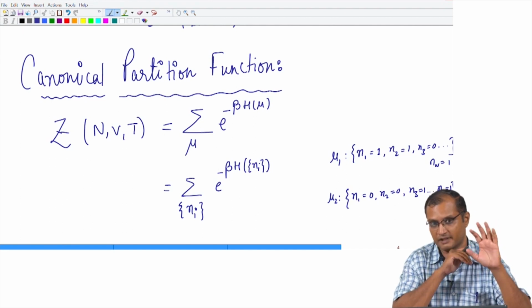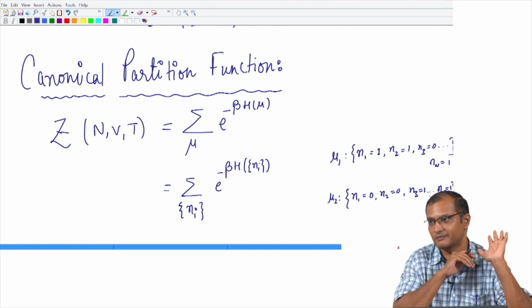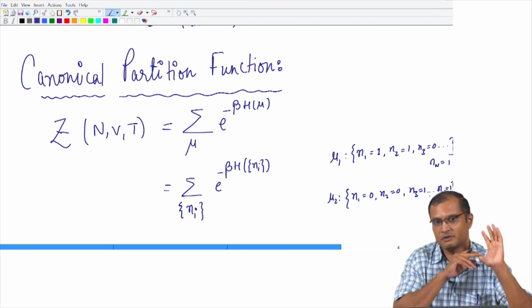Okay. Energy is not fixed anymore. So, you can actually make all ni's to be 1. This would be like all particles are in the top floor or the excited state, which we know is a very difficult thing to obtain, but in principle that realization is also allowed.